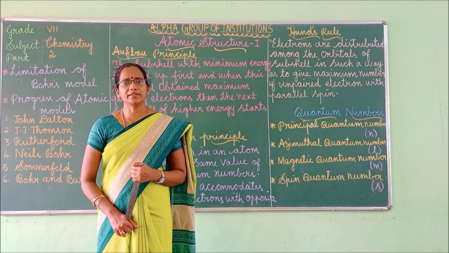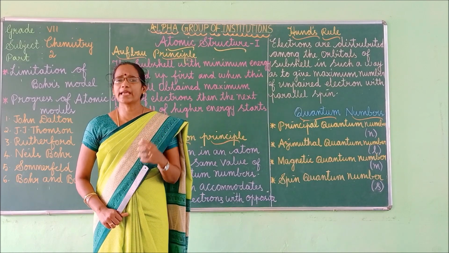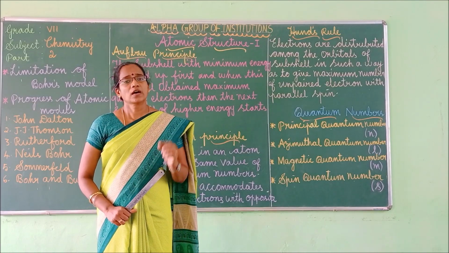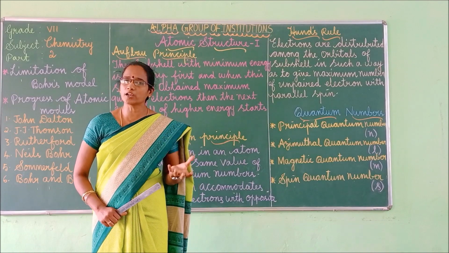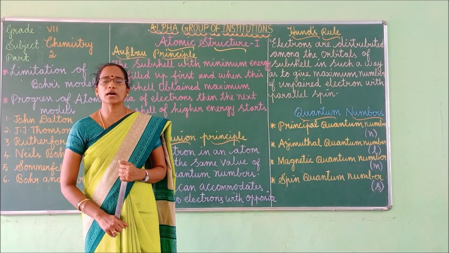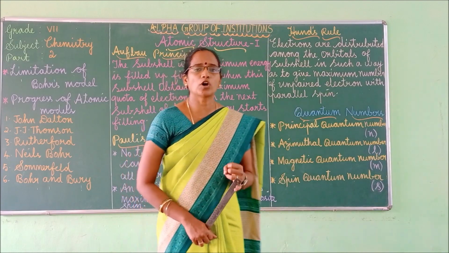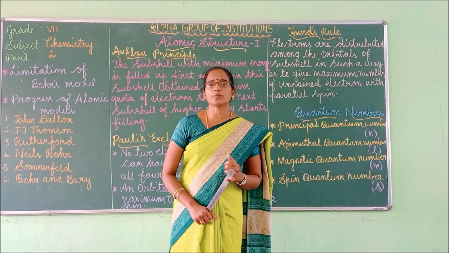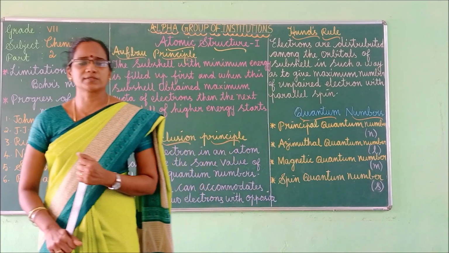Atomic spectrum means when atoms are excited, they emit light with certain wavelengths, and at that time different colors are produced. These are called atomic spectrum. So Bohr's atomic model failed to explain the atomic spectrum of atoms other than hydrogen atoms.